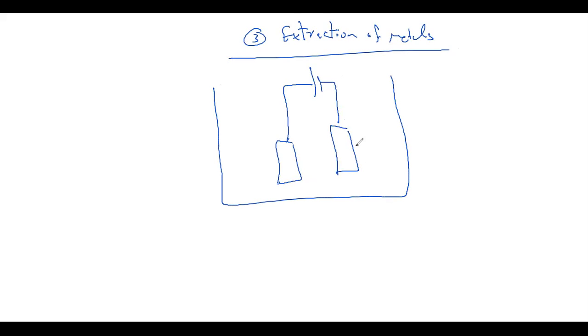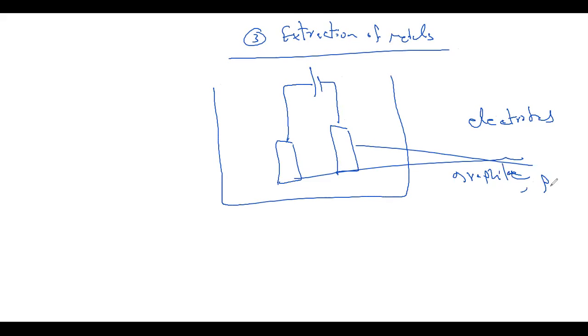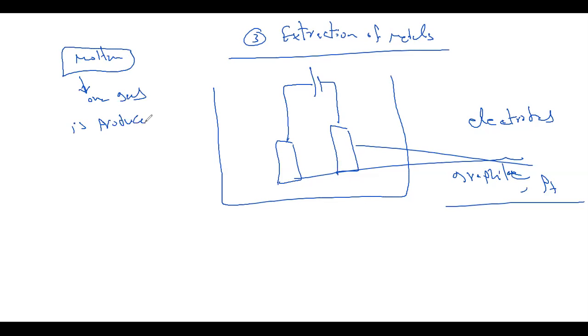Electrodes: carbon or graphite is a non-metal, or platinum is a metal. And then for extraction, we have molten or aqueous. In case of molten, we have only one gas. One gas is produced at the anode.